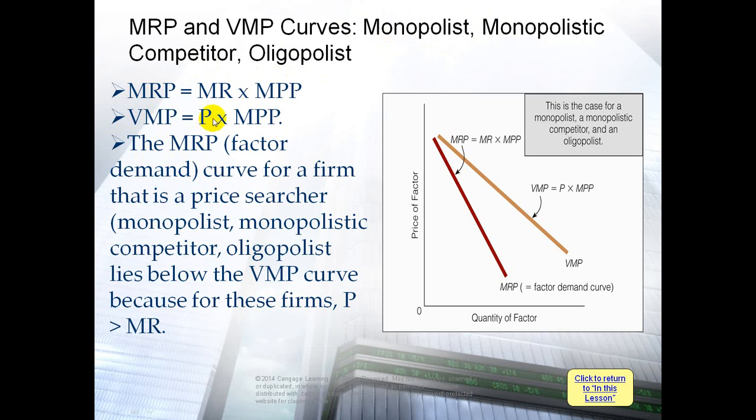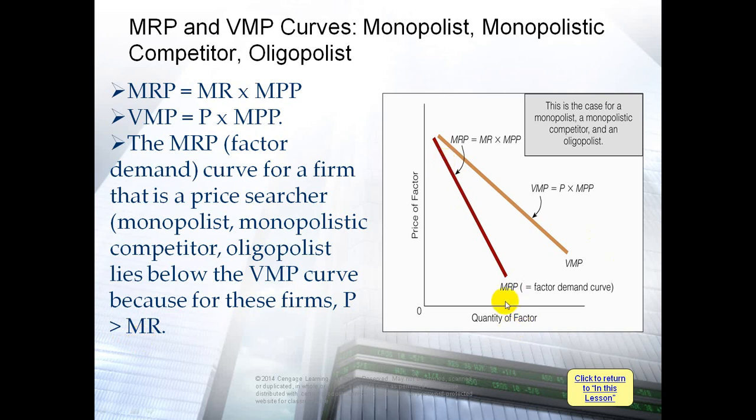So always the price is more than the MR. So the MRP factor demand curve for a firm that is a price searcher, monopolist, monopolistic competitor, oligopolist, lies below the VMP curve because for these firms the price is larger than the marginal revenue.